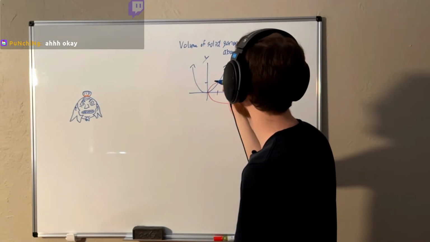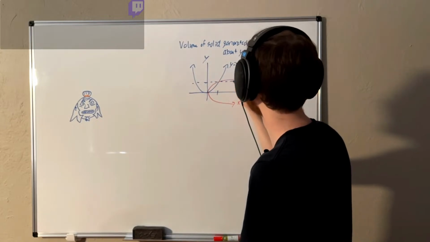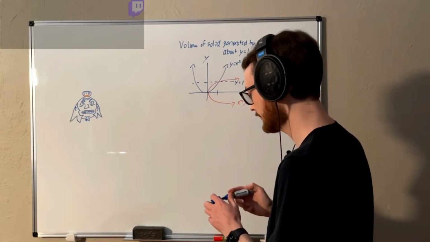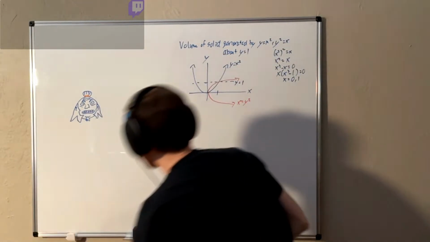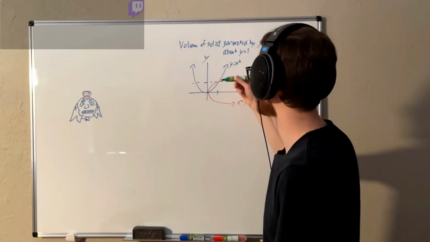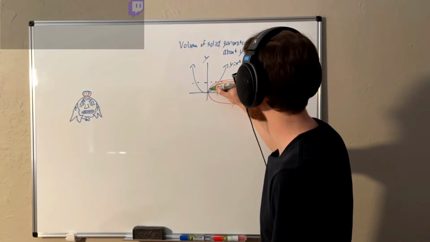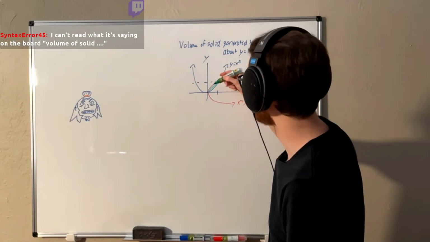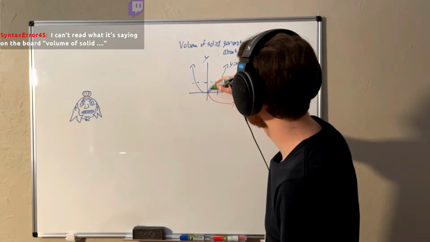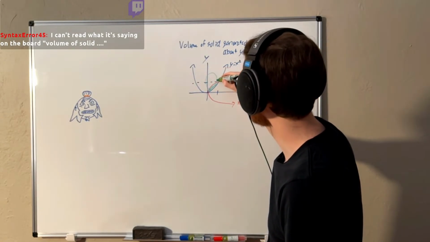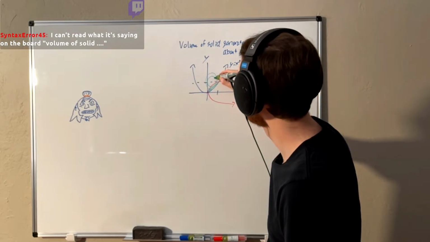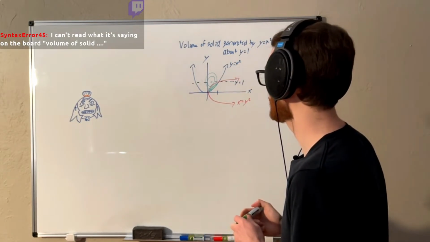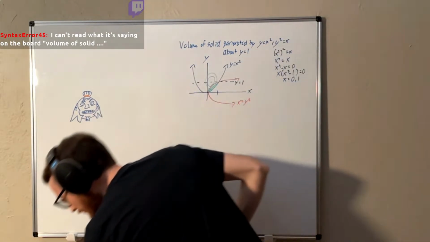And then y equals 1 is right there. So the area that we're interested in from the picture is this, and we're rotating it about y equals 1. So that's the washer that we're going to end up with.